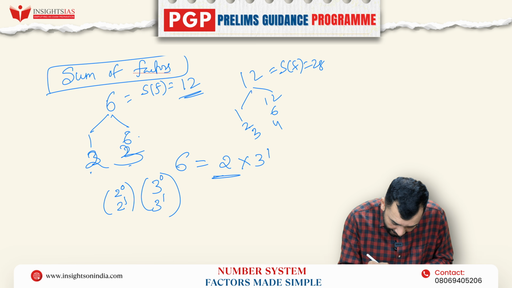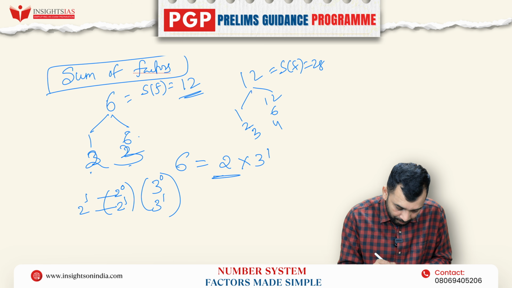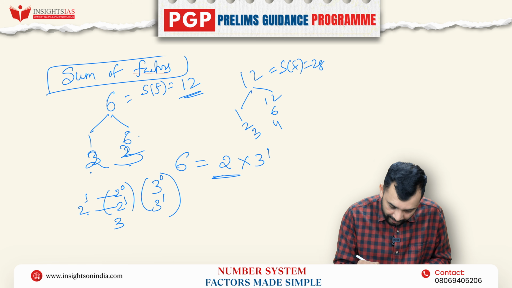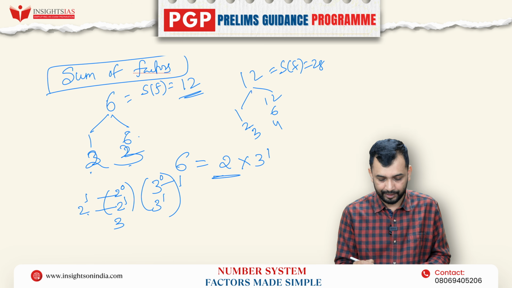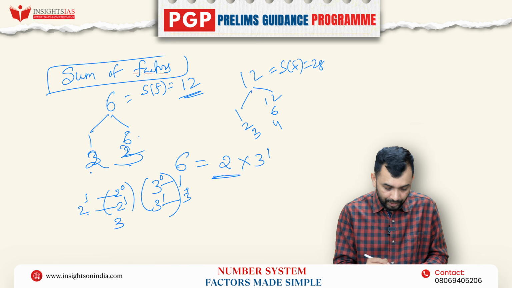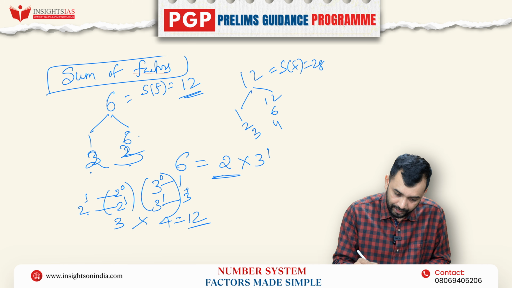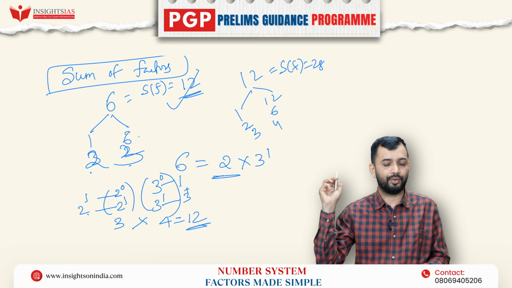Now add these. What is 2 to the power of 0? 1. What is 2 to the power of 1? 2. 1 plus 2 is 3. Similarly, 3 to the power of 0 is 1, 3 to the power of 1 is 3. Add these two: 1 plus 3 is 4. So this sum is 3 and this sum is 4. Now you multiply them. That is 12. Your answer is 12.